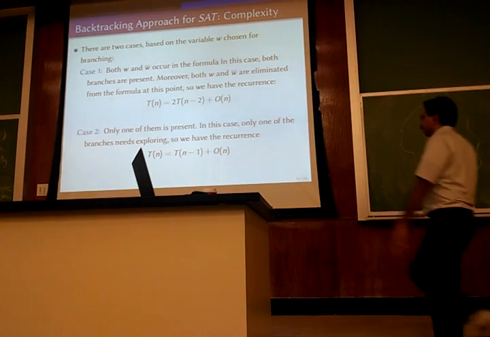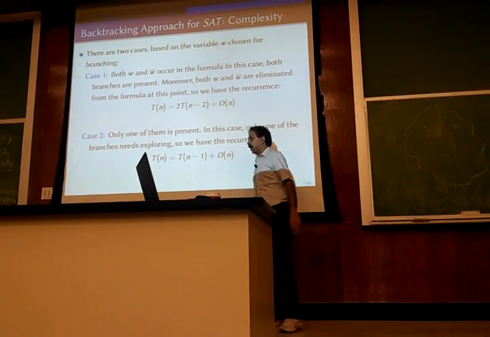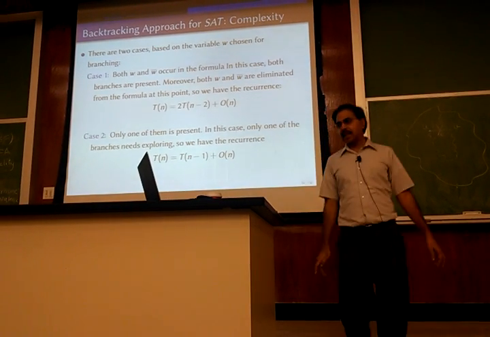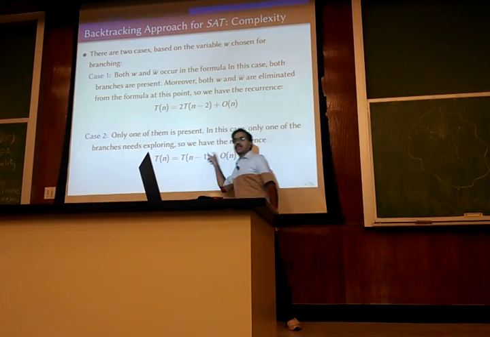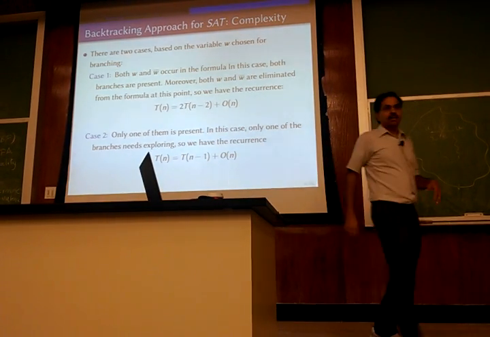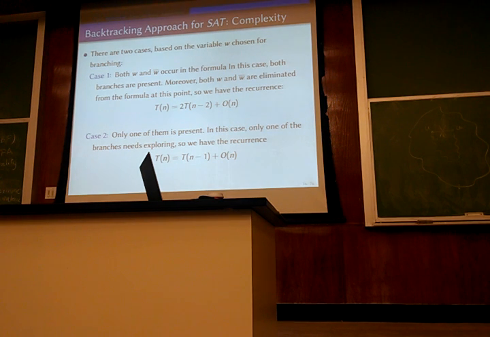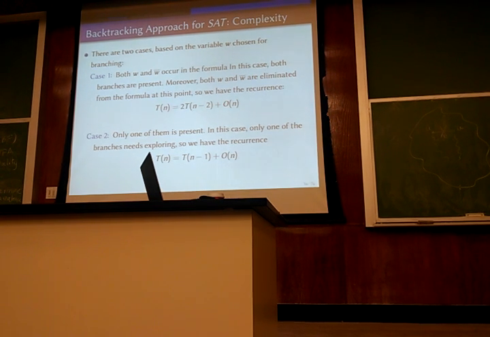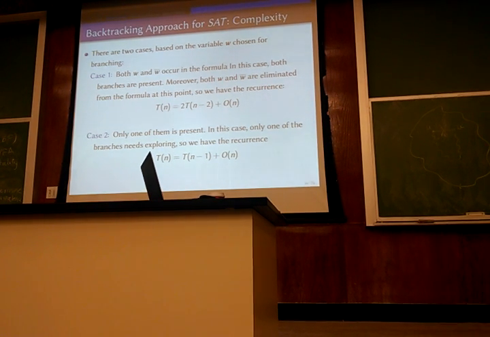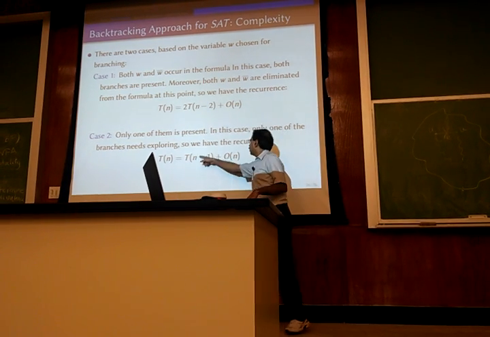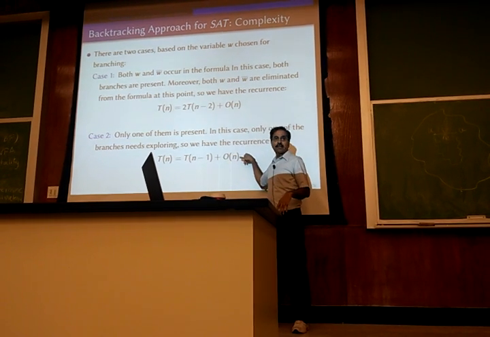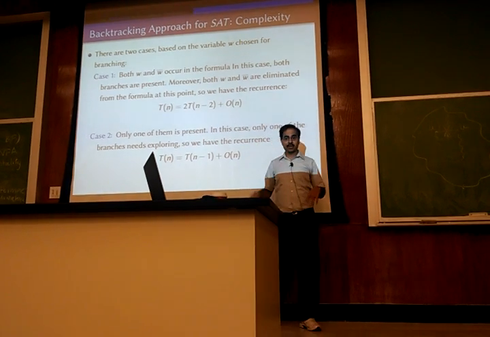So you have T of n equals T of n minus 1 plus O of n, and it's very easy to see that this recurrence by itself has a solution which is n squared. So this is not going to lead to an exponential factor. It is the other case that's going to lead to an exponential factor.